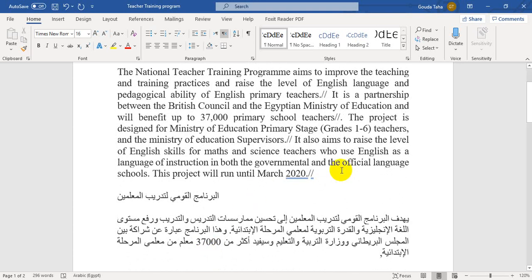This is the second stage, right? Then we have this one.